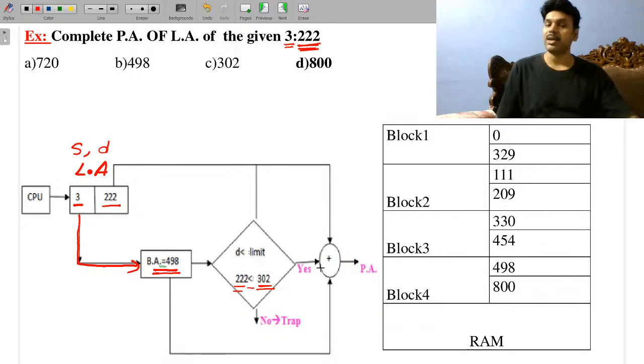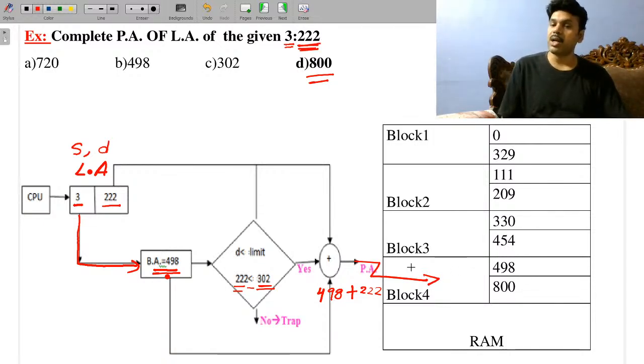Yes, it is correct. Take your 498. If 498 is my block starting number and I am requesting 222, then 498 plus 222 is 720. Exactly, you are trying to access this particular block only. Please understand, friends, what is the block starting number?